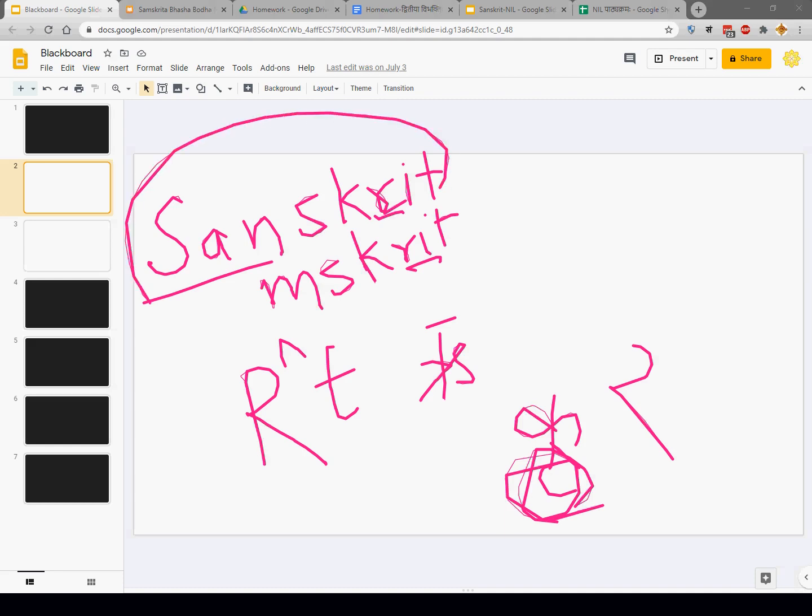What has happened is that writing using English letters is being done like this, and because many people start with English and don't have knowledge of Sanskrit, they go to English and then start pronouncing it like this.